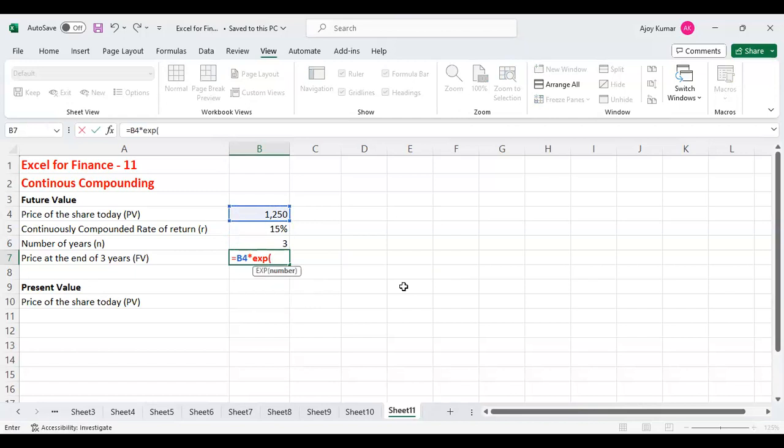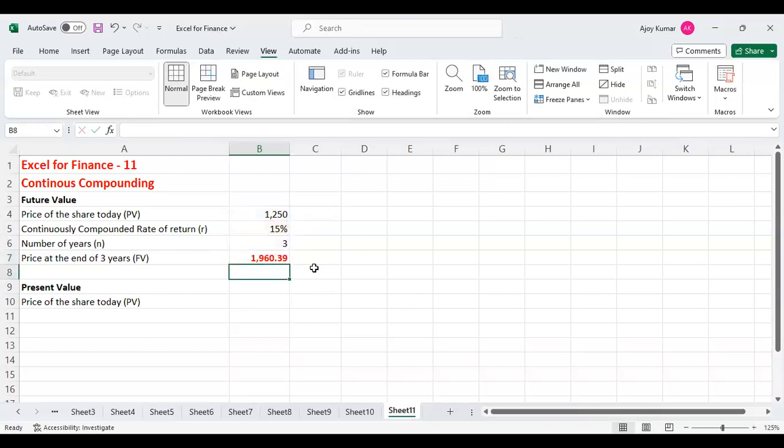Now bracket open, R 15% multiplied by number of years N, bracket close. I will press enter, and I'll get the value. So once again, present value multiplied by EXP within brackets R into N. So future value will be equal to 1960.39.